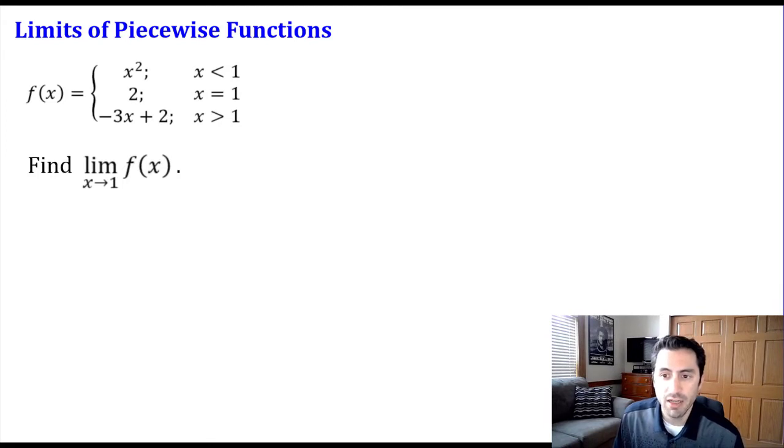So here I have an example of a piecewise function. Now remember, what makes a piecewise function is that the domain is split into intervals. So in this case, all of our possible x values, all of those real numbers, are split into three different pieces.